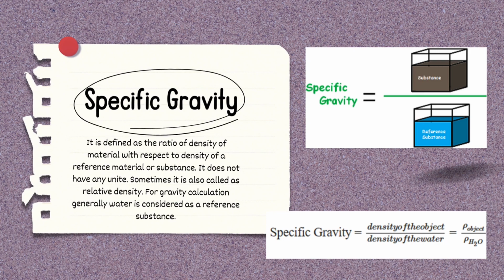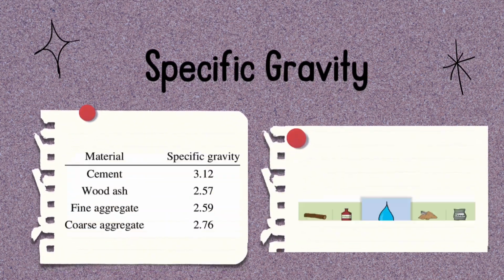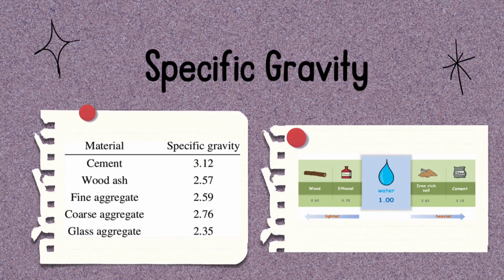The formula of specific gravity is equal to the density of the object over the density of the water. Here are some of the materials and their specific gravity: cement 3.12, wood ash 2.57, fine aggregate 2.59, coarse aggregate 2.76, glass aggregate 2.35, and water has 1.